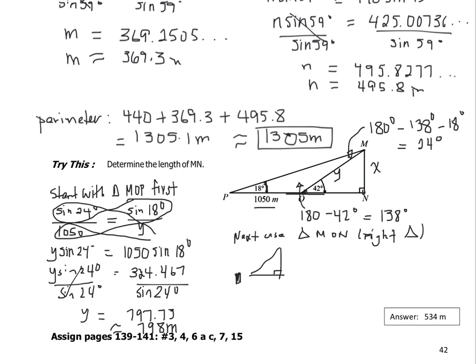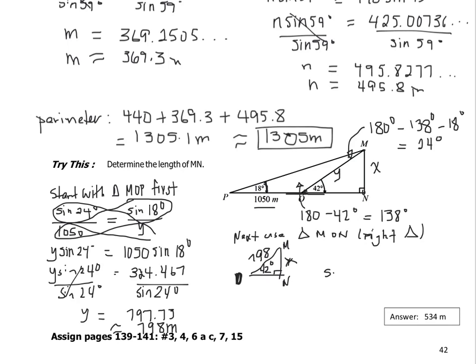Oops, that's O. And M is up here and N is there. We know that this is 42. And we know that this here is 798. And this is what we're trying to find. And that's a right triangle. So we've got the hypotenuse, and we're looking for the opposite.